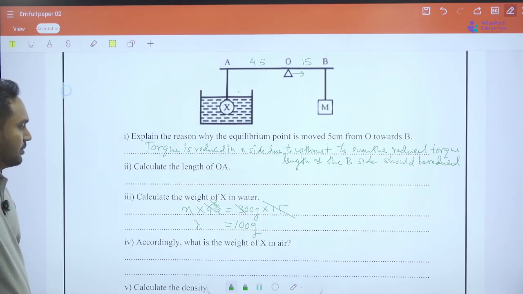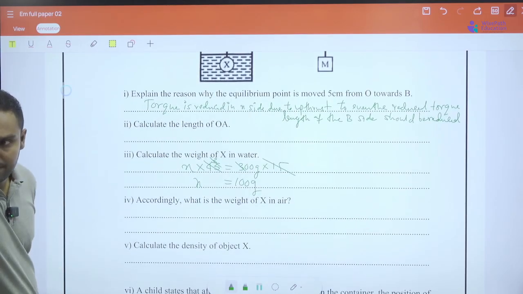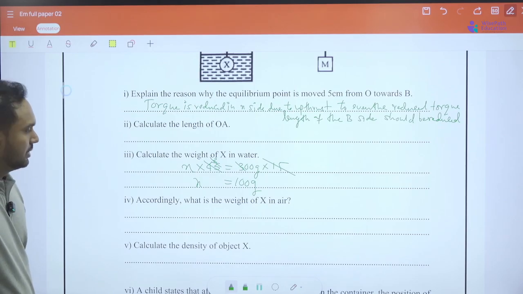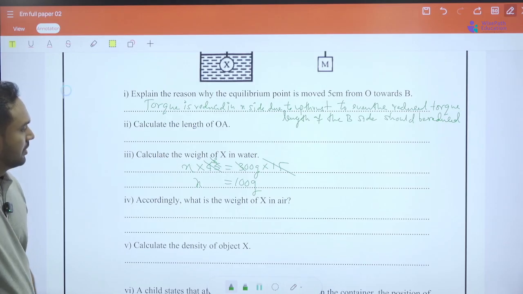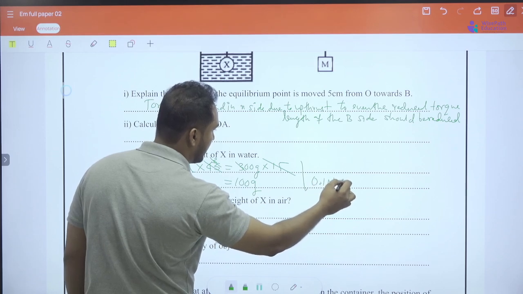Or you can put it in newtons because it has asked for the weight, not the mass. So divide by 1000, multiplied by 10. That is 0.1 newtons.